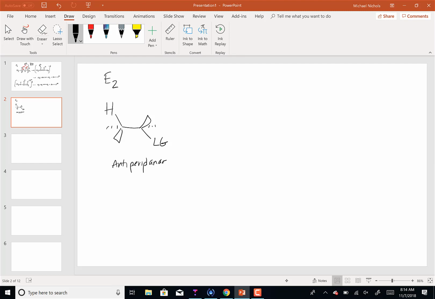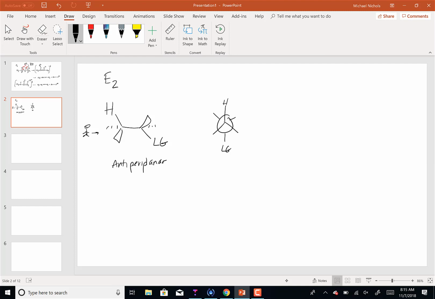And what that means is that if I'm over here looking down the carbon bond, in my Newman projection, the leaving group is here and the hydrogen is there. So that really shows the anti of the anti-periplanar. So the hydrogen has to be opposite, has to be anti the leaving group.